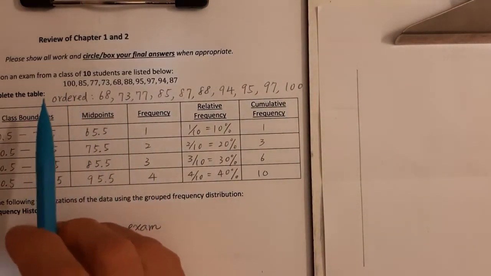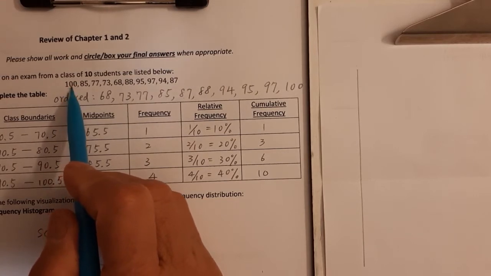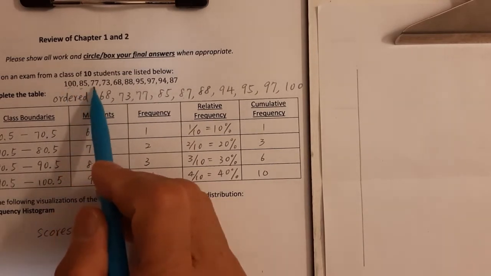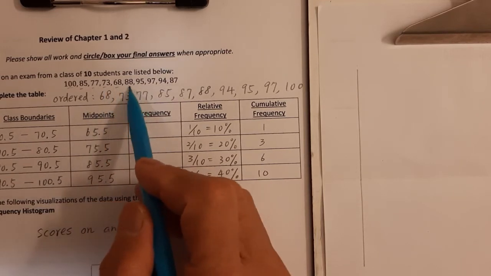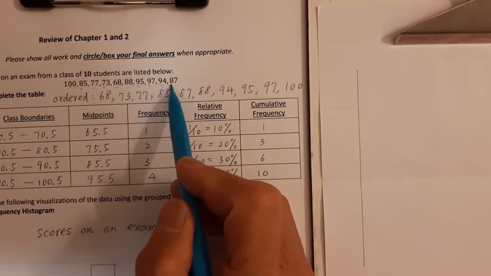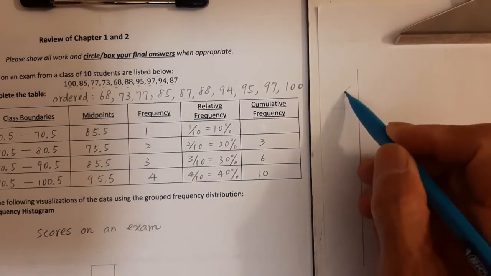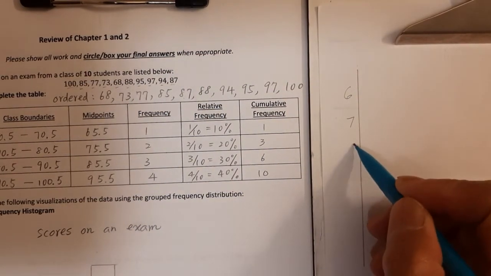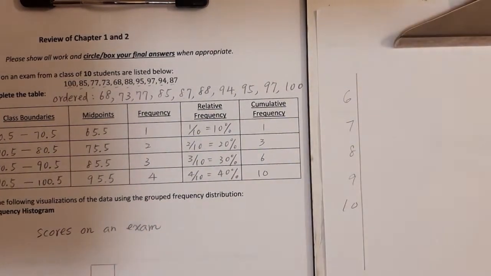It's from the tens digits. There's 10, 8, 7, 7, 6, 8, 9, 9, 9, 8. The smallest one is 6. So it is 6, 7, 8, 9, 10. And this is the stem.